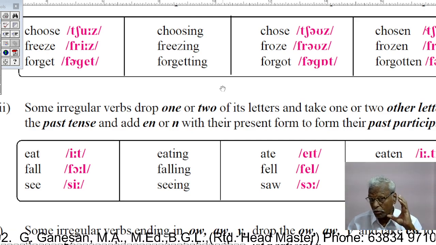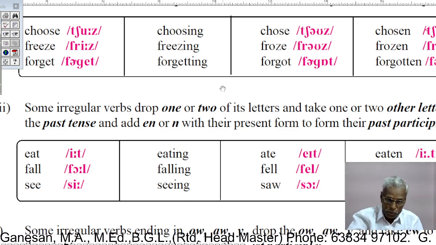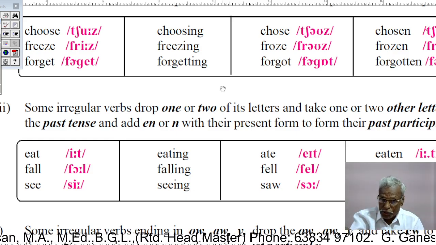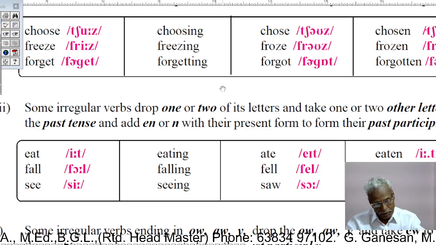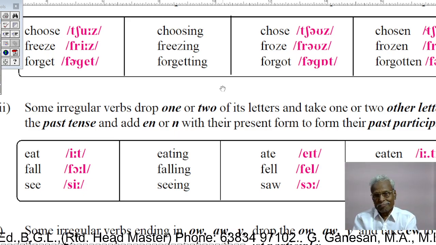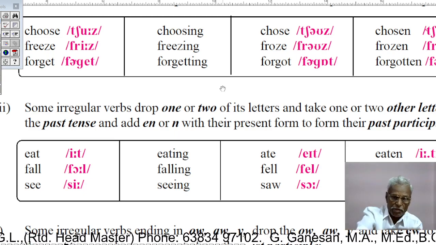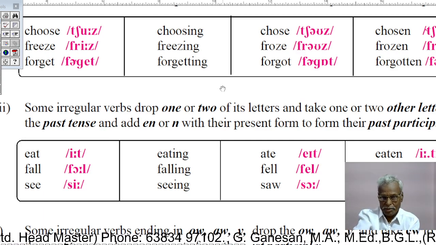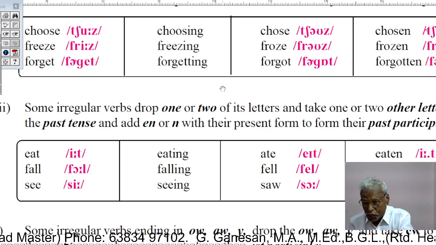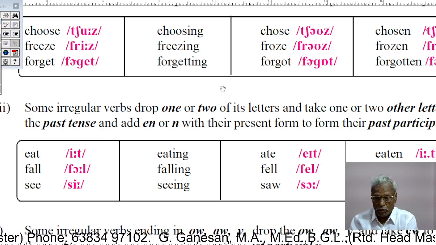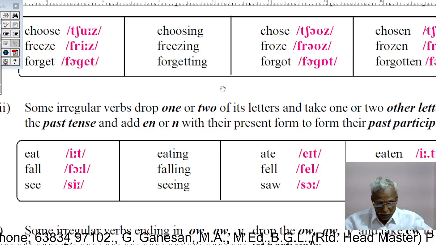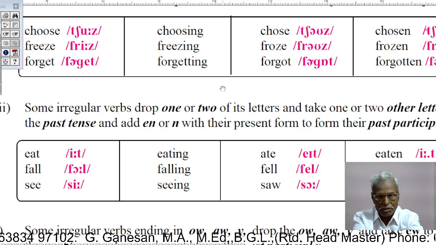That is, some irregular verbs drop one or two letters from the present form and take one or two letters to form the past tense. But regarding the past participle, these sorts of verbs add EN to the present form.